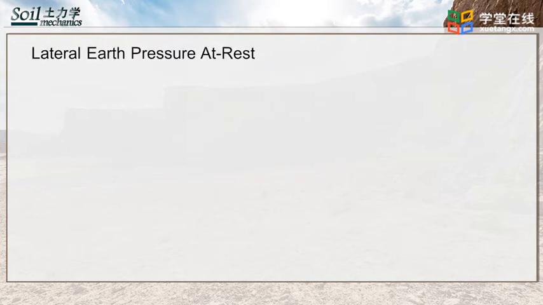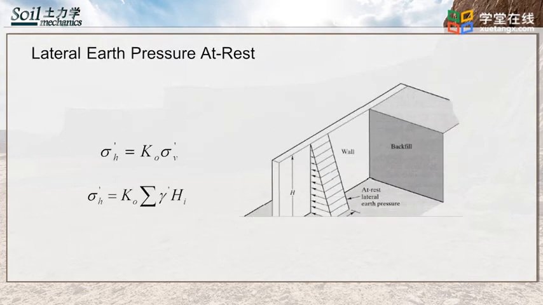This figure shows the calculation of lateral earth pressure at rest, where backfill contains one kind of soil, so the effective horizontal stress equals K0 multiplied by sigma V prime, where sigma V prime equals height of the soil multiplied by unit weight prime. As we can see in the figure, the effective horizontal stress increases linearly from the top to the bottom.